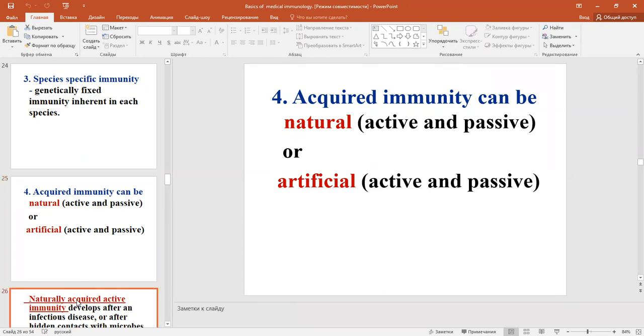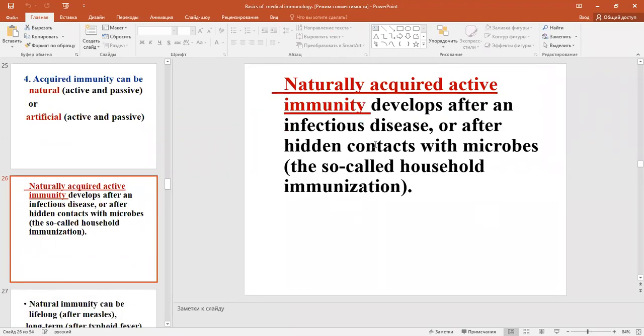So naturally acquired active immunity develops after an infectious disease or after hidden contacts with microbes, so-called household immunization. In this case, if microbes enter the human body, they are recognized by the immune system, and after recovery, the patient will get acquired active immunity.